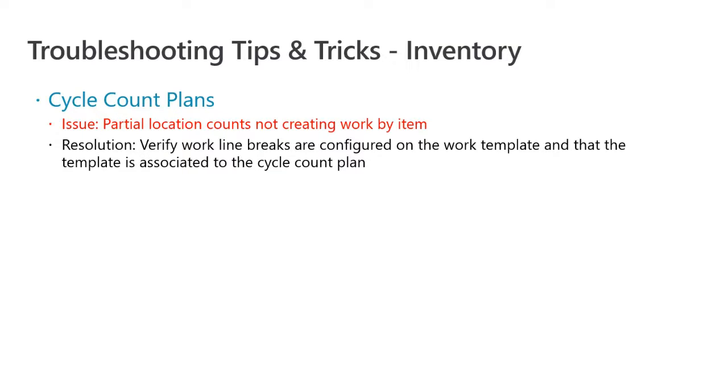If you are encountering that issue where the system is not generating your cycle count work by item for those locations, then you want to verify a couple of things. One, that you have set up the work line break by item on your work template, and then also that that template is explicitly associated to your cycle count plan that you are running.